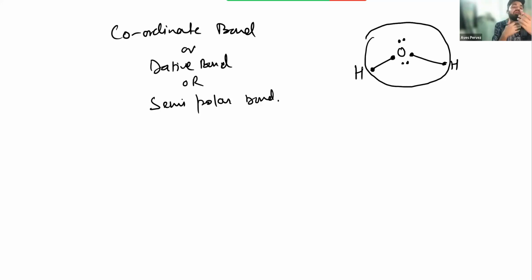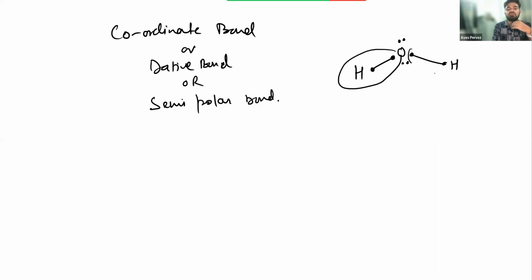Why it cannot accommodate more, we will discuss later; it is because a d orbital is not there. First of all, let me explain that here the oxygen completes its octet, and hydrogen completes its duplet.